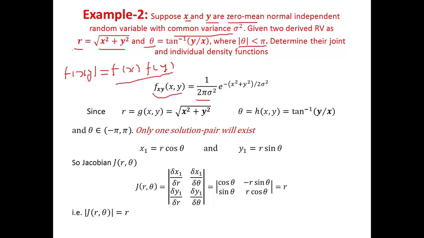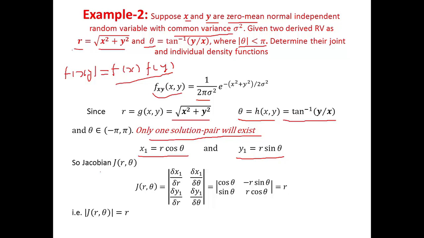So let us consider the function r equals g(x, y) equals root of x square plus y square, and theta equals h(x, y), which is given as tan inverse y by x. If theta belongs to minus pi to pi, again this will have only one solution pair, and that solution pair will be x1 equals r cos theta and y1 equals r sin theta. So only one solution will exist.